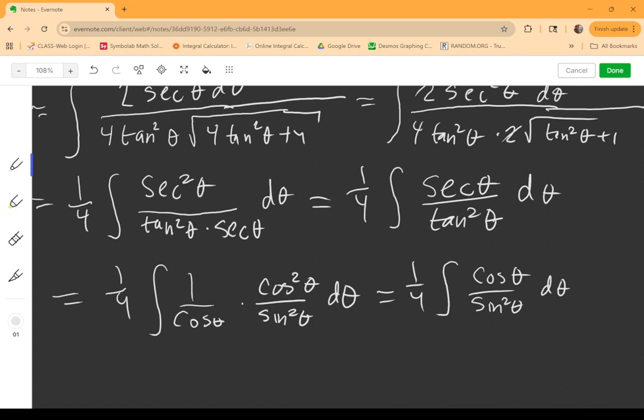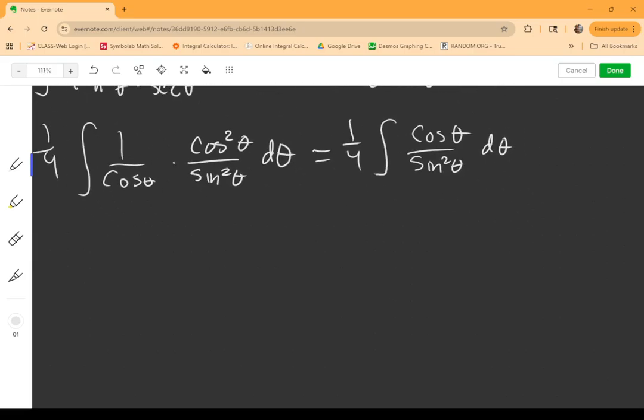Now I have something here. This one is a simple u-sub, and how do I know that? Because if I look in the denominator, I do have a sine squared, but the derivative of sine is cosine of theta, which is right up here. So it's a simple power rule where the power is -2.